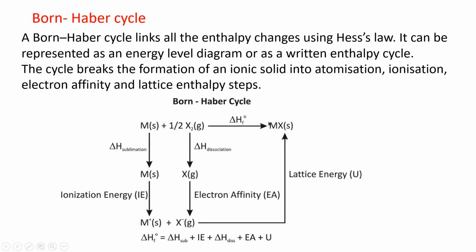So this formation of the ionic solid, if it occurs in one step directly, then whatever be the enthalpy change value, that will be same as that of the sum of the enthalpy change values in the different steps involved in the indirect path of Born-Haber cycle, right?